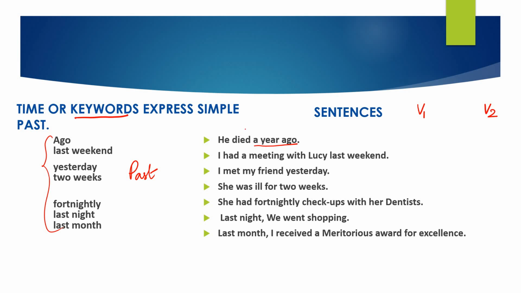And died is the verb, the V2 form of the verb. Right? So what is the V1 form? V1 is the present form and V2 is the past form of the verb. Now in V1, you say die. In V2, it becomes died.